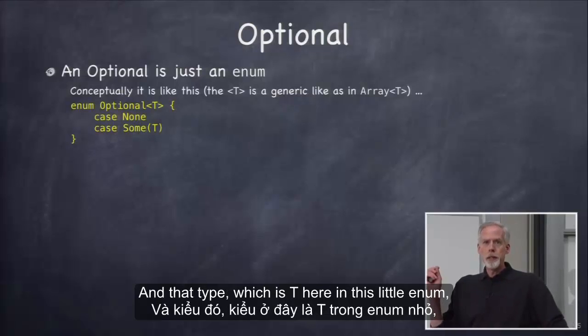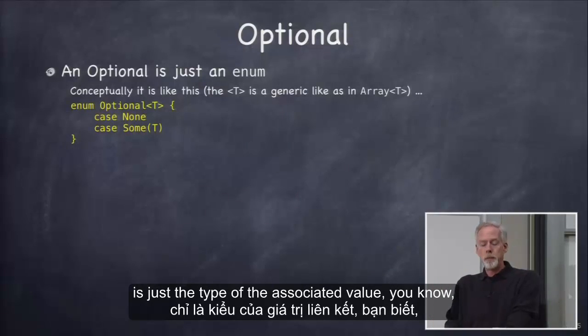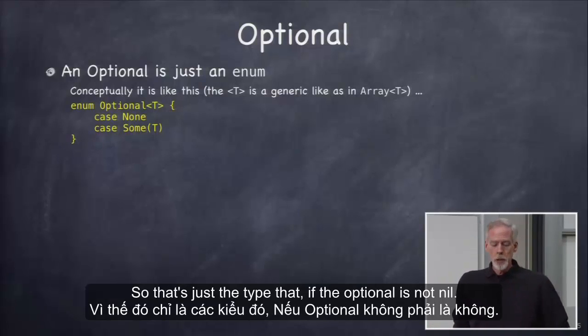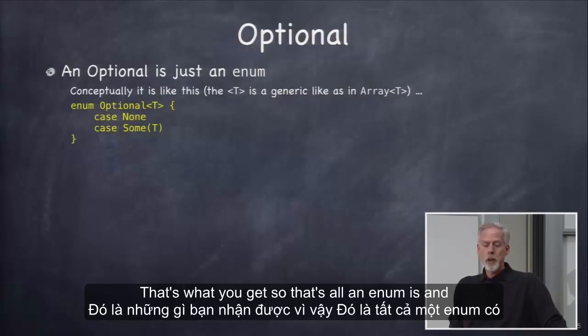And that type, which is T here in this little enum, is just the type of the associated value. You know that enums can have associated values. So that's just the type that if the optional is not nil, that's what you get. So that's all an enum is.